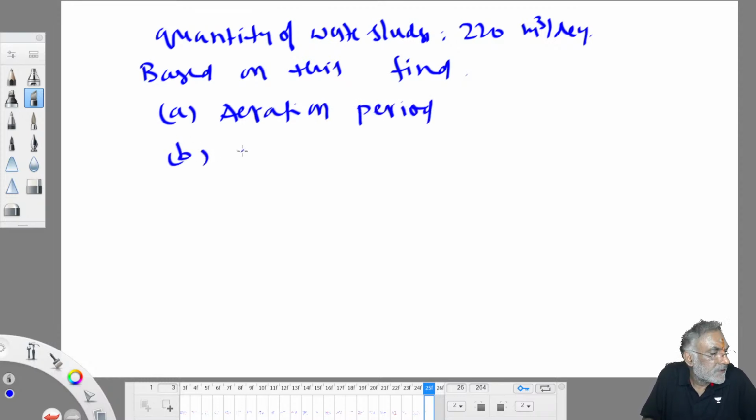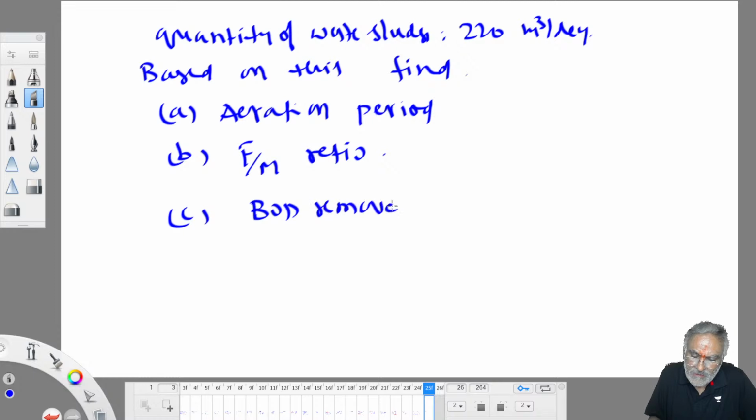B, F by M ratio, food to microorganisms ratio. C, BOD removal efficiency. D, sludge age.